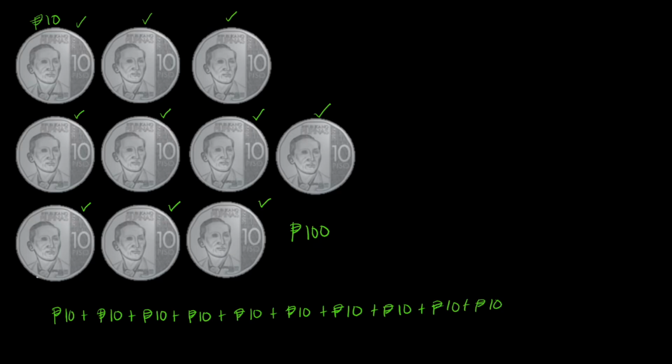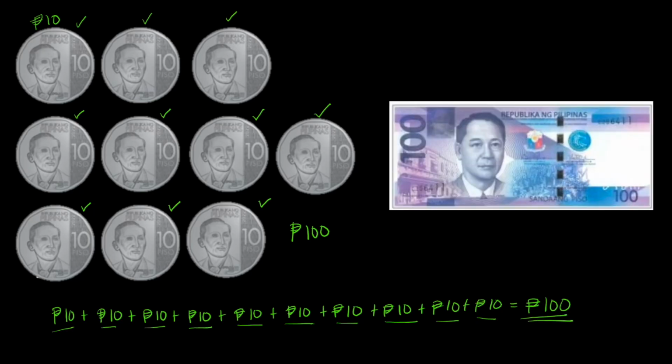Let's check if these are 10. 1, 2, 3, 4, 5, 6, 7, 8, 9, 10. And altogether, we have 100 pesos. Therefore, 10 pieces of coins is worth 100 pesos. Or the same with the value of a 100 peso bill.